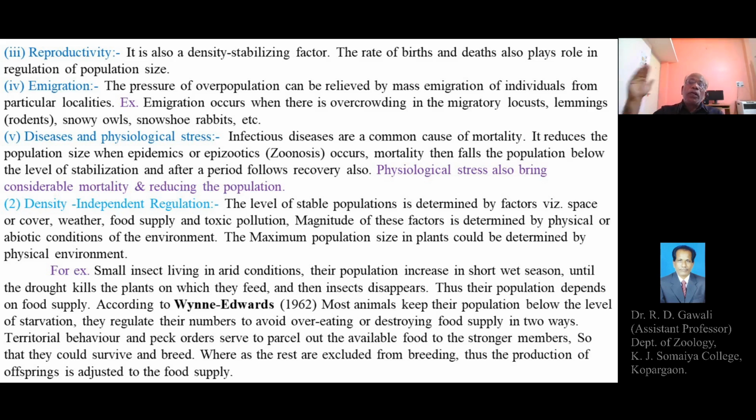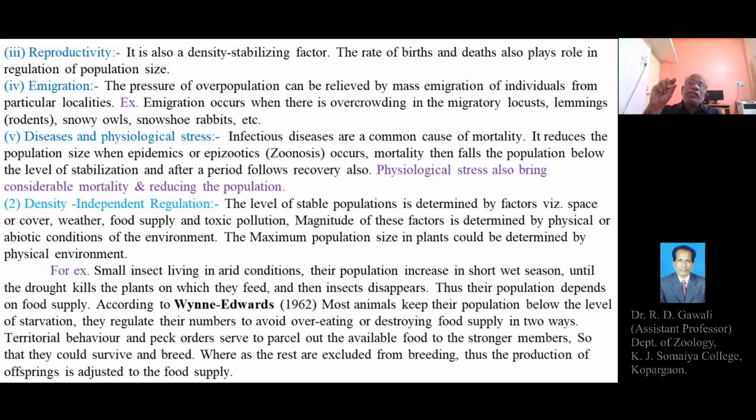Means during the drought period or the summer months, whenever there is a loss of water or a drought condition in the respective habitat, the plant community will get destroyed, the community on which these insects are feeding.